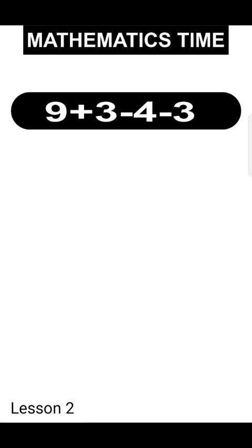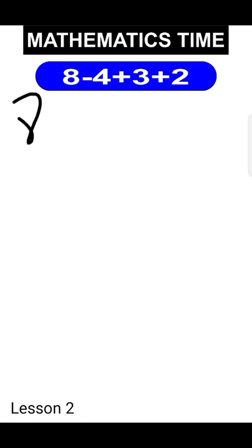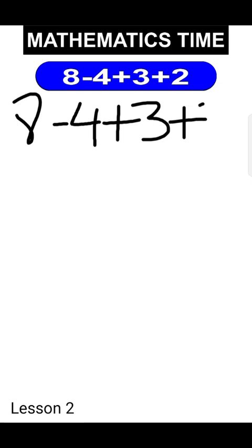Are you good? Good. Let's move on to number 2. Number 2, I have with me here 8 minus 4 plus 3 plus 2. So we are tackling this 8 and 4. Which of them are you owing? You are owing 4 and you have 8.